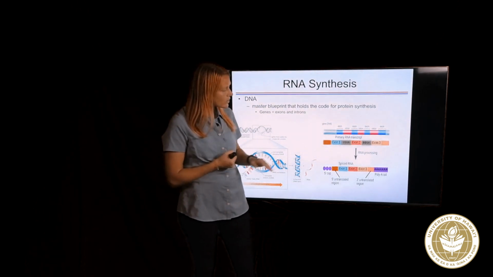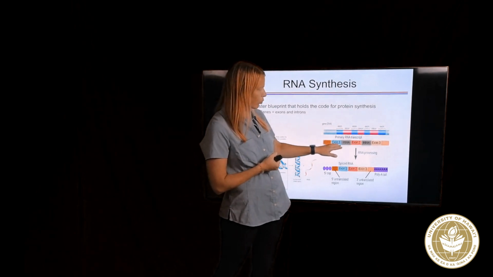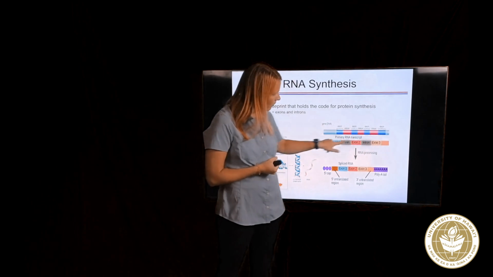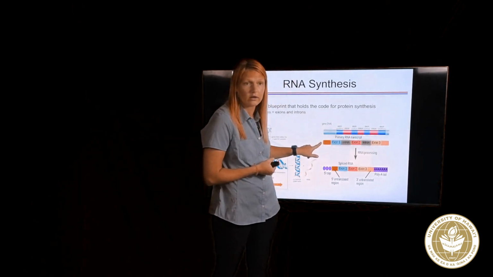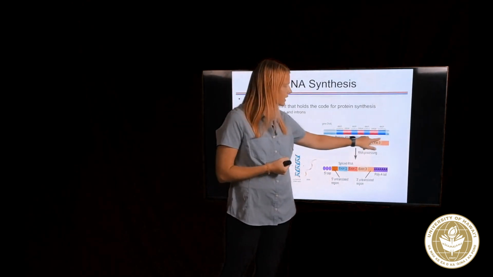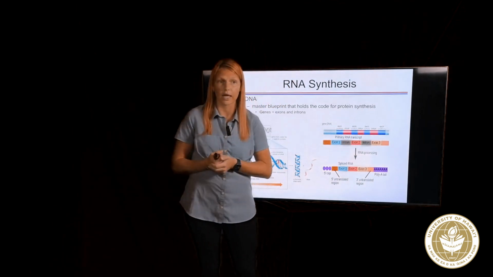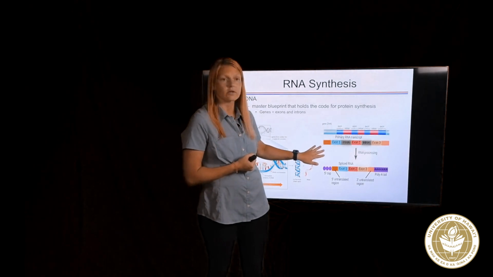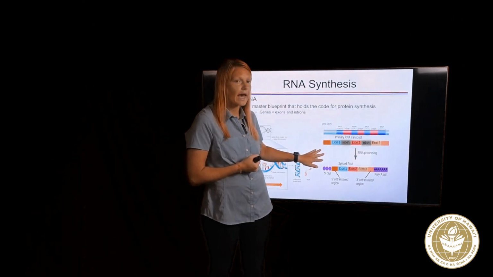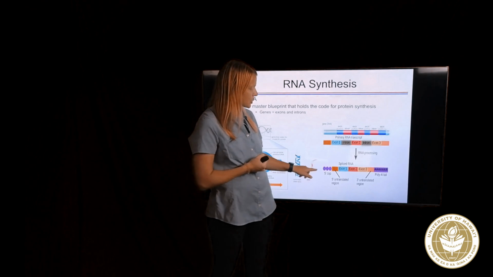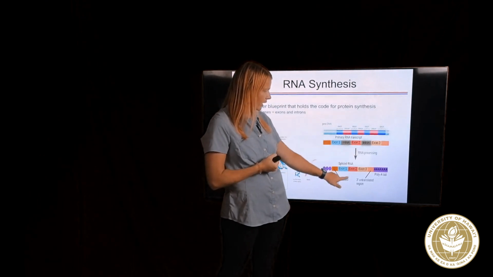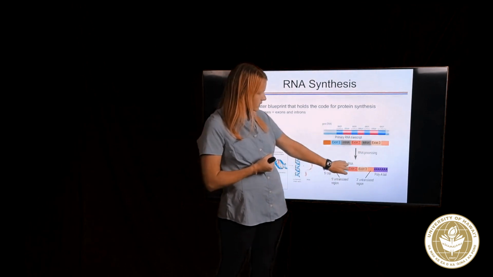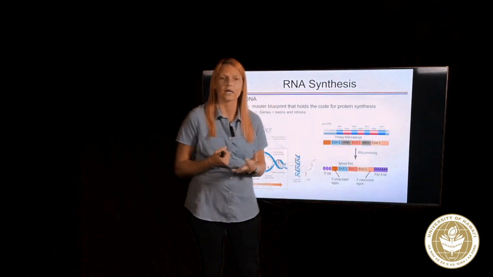So before we do this processing, before we get rid of these introns, this right here is what we call pre-mRNA. So before RNA processing, it's referred to as pre-mRNA. Then the newly formed mRNA is going to be processed. It's going to be edited before translation can actually begin. And this is that RNA processing. You can see these introns are now gone, and we have spliced together our exons, right?